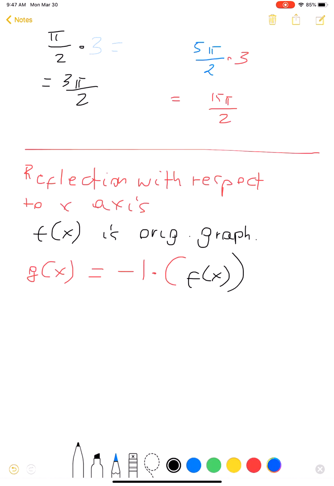So I'm putting that parenthesis. So you're going to see that negative coefficient in front of the entire function, okay? So g of x is the reflection with respect to the x-axis.